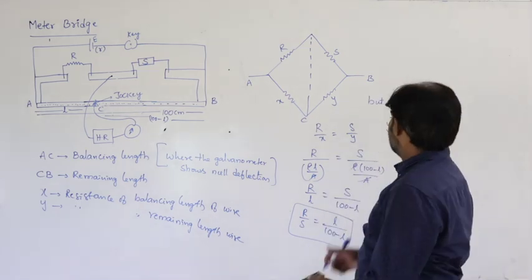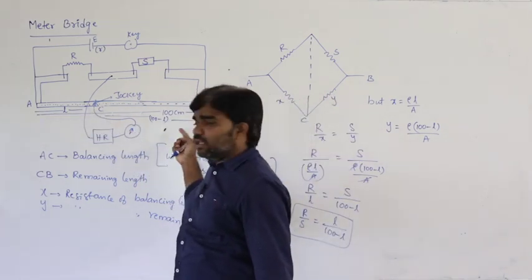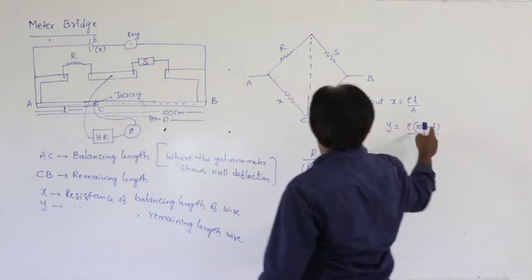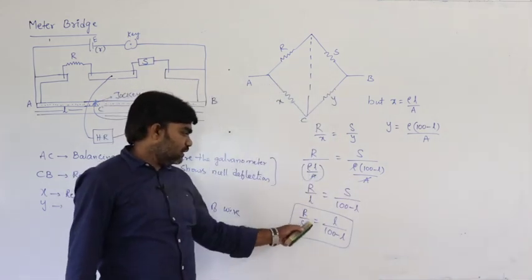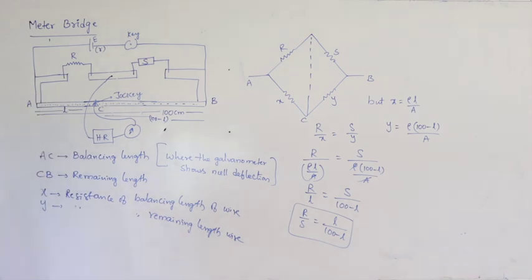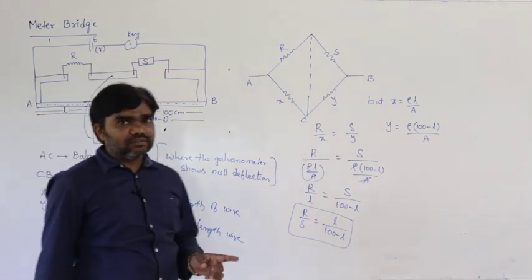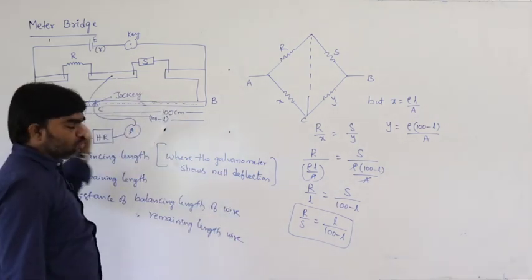The resistance formula is rho L by A. So Y is equal to rho into, if this is L, the remaining is 100 minus L, by A. Based on this, we finally get R by S is equal to L by 100 minus L, where L is the balancing length. The balancing length must always be measured from left to right.